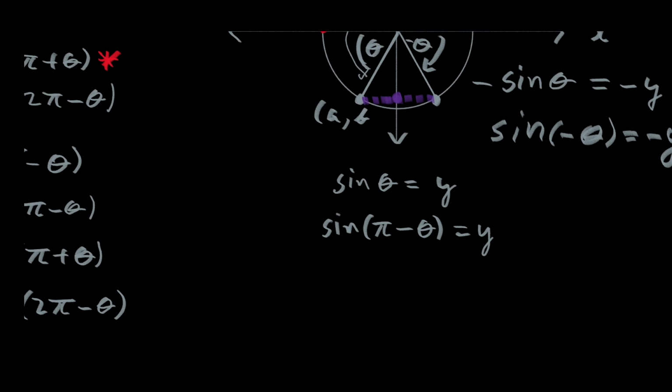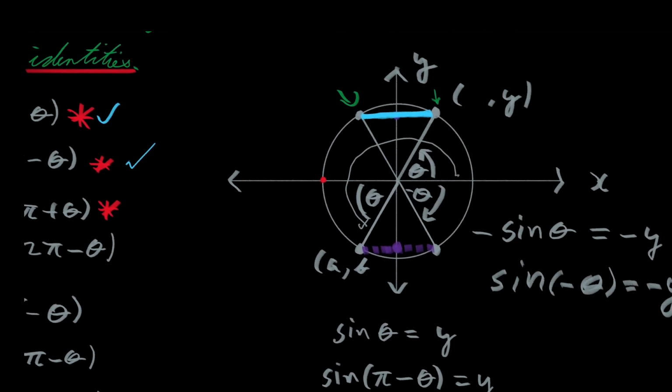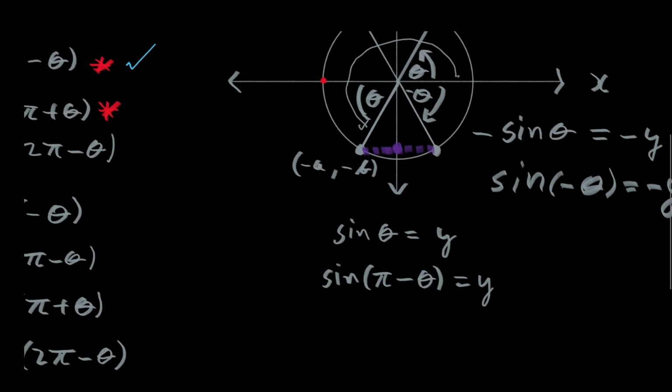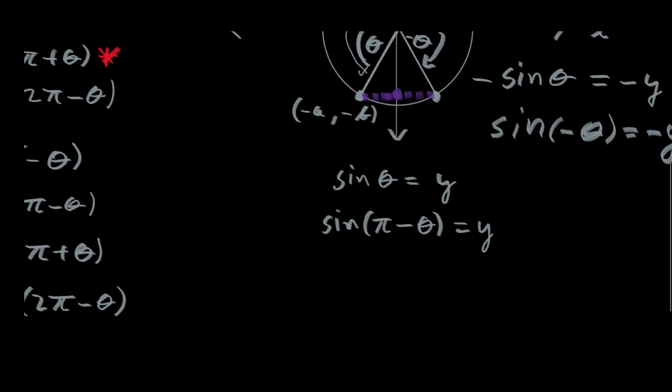Or if this one has coordinates a and b, you can see that this one would have coordinates negative a and negative b. Probably should have talked in terms of a and b from the beginning, but that's okay.